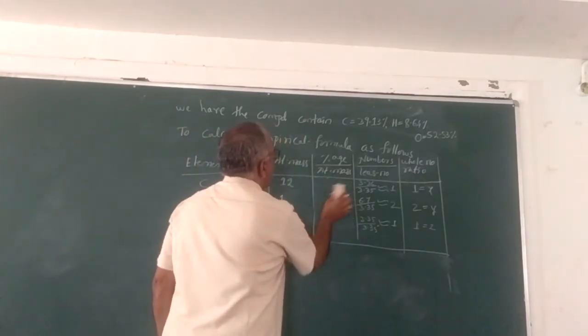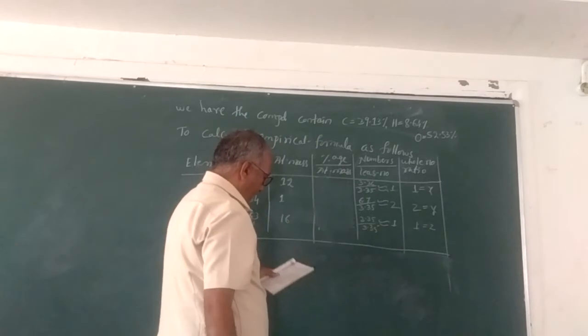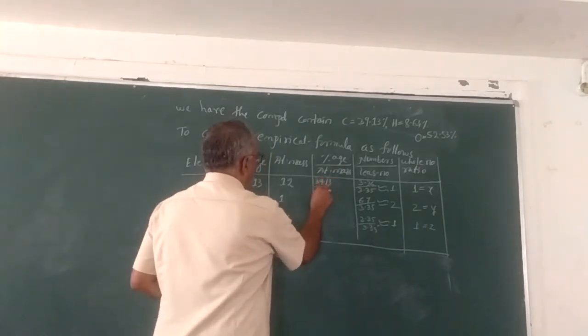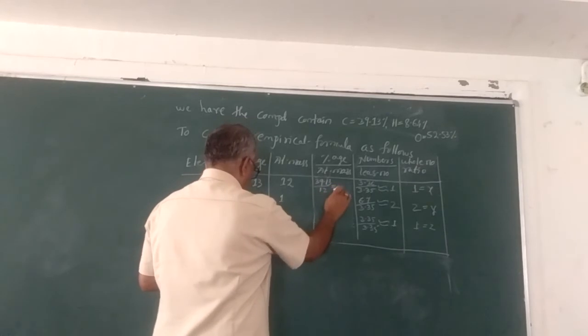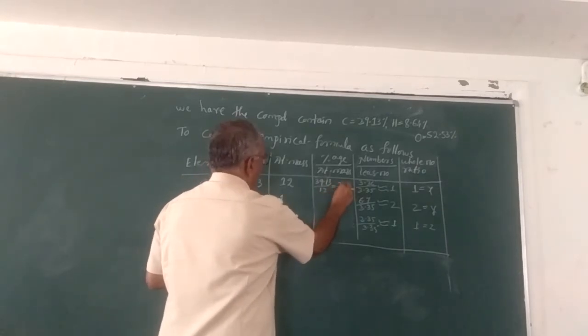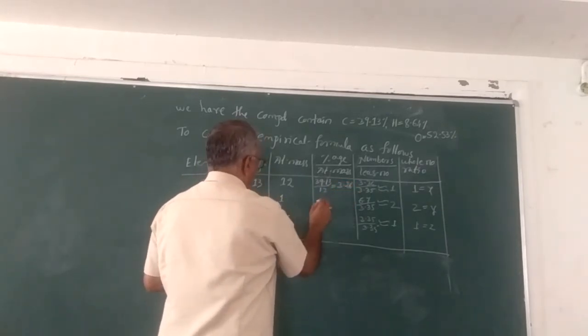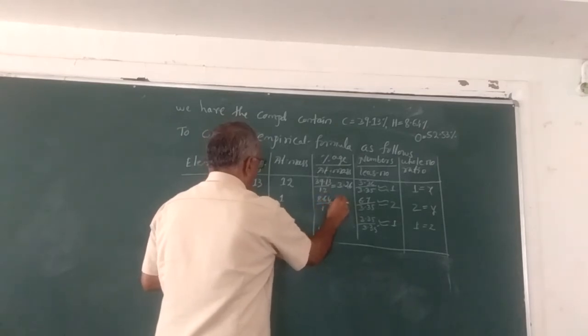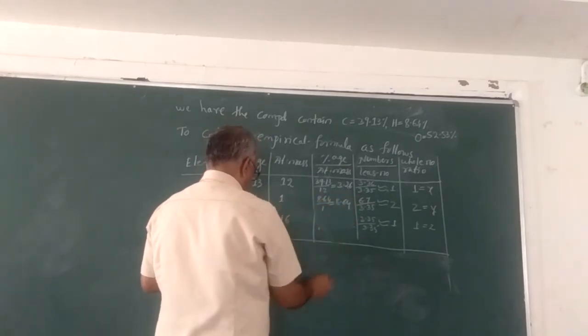39.13 divided by 12, you will get 3.26. This is 8.64 divided by 1, you will get 8.64.